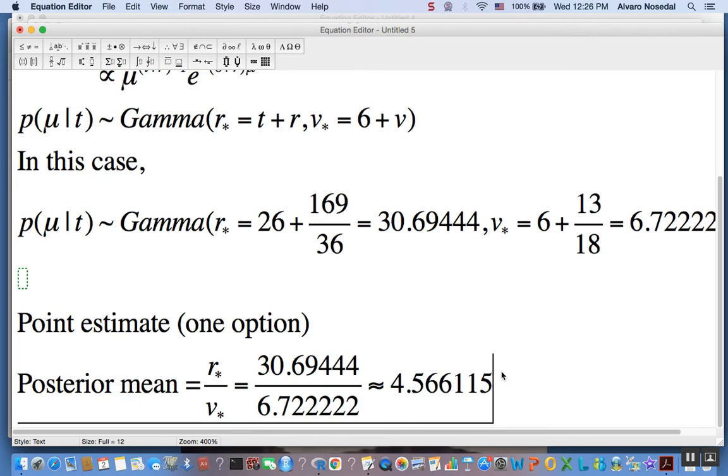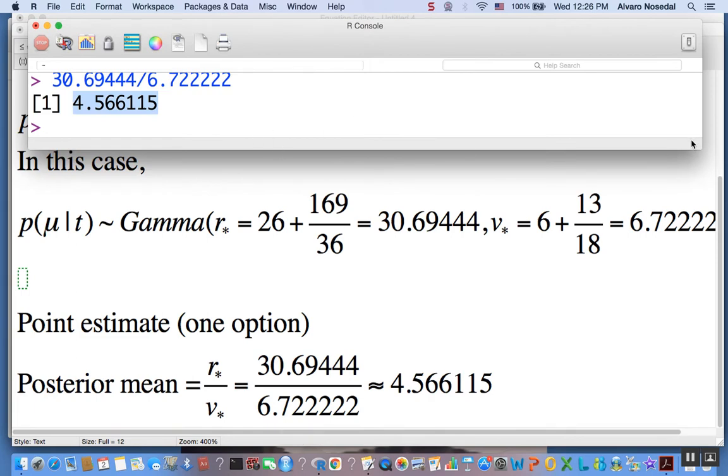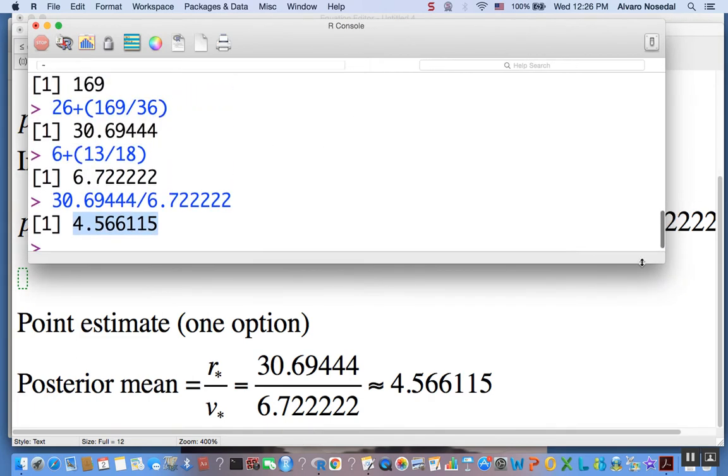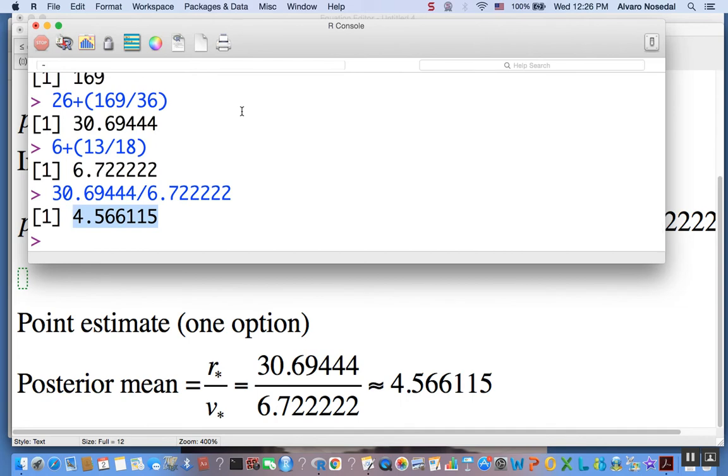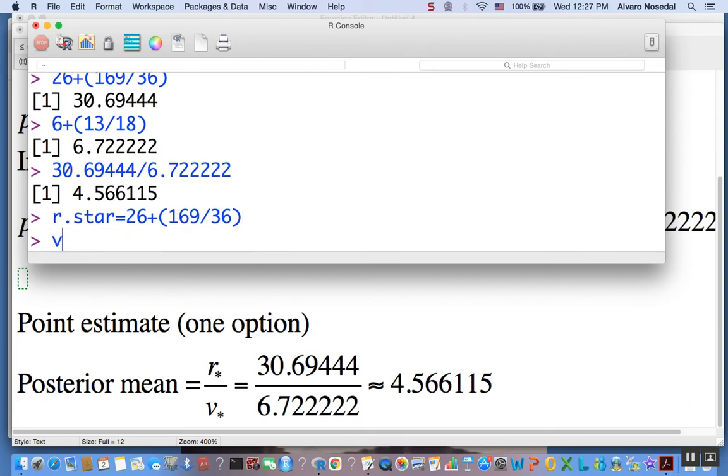So let's do that, and let's make a graph of our posterior distribution using R. Let me call this R star. Let me call this V star.